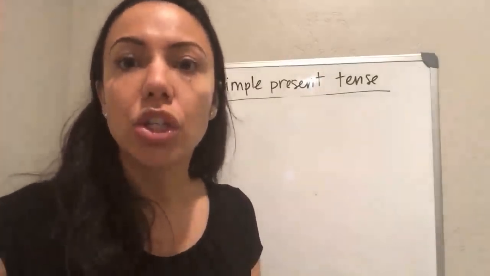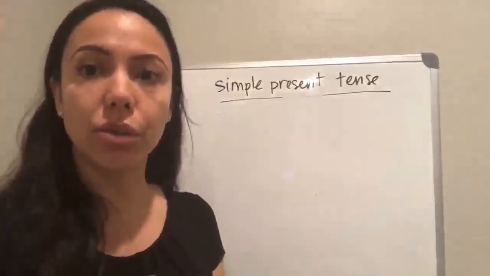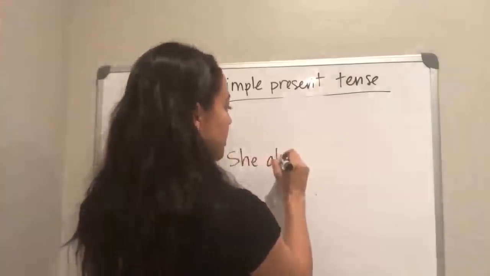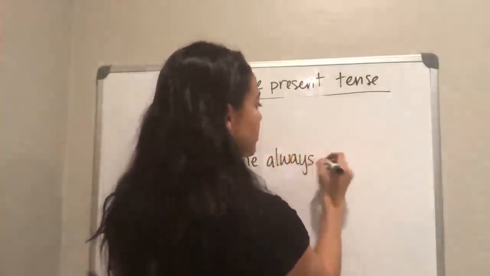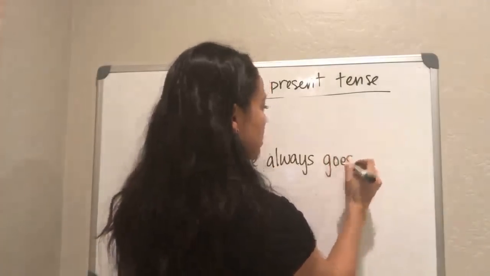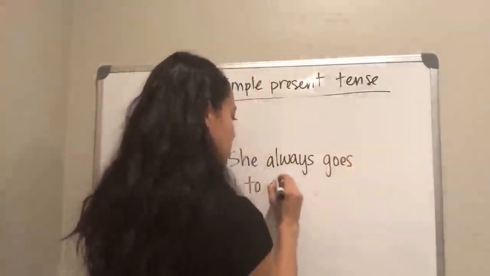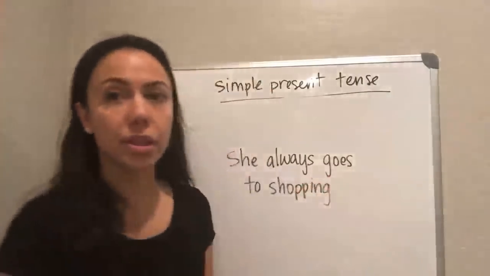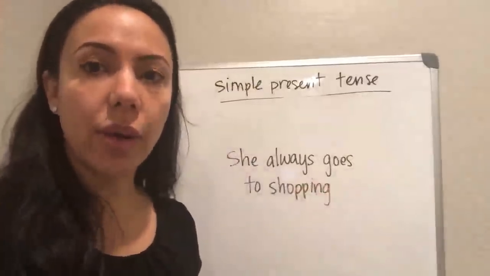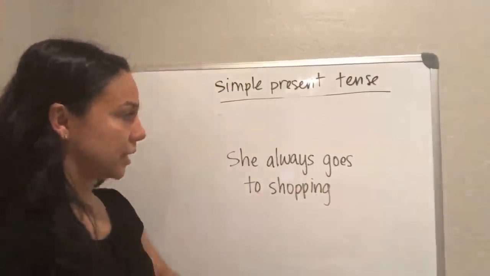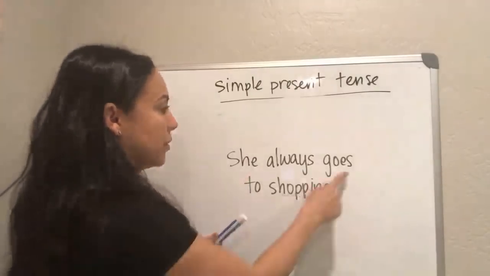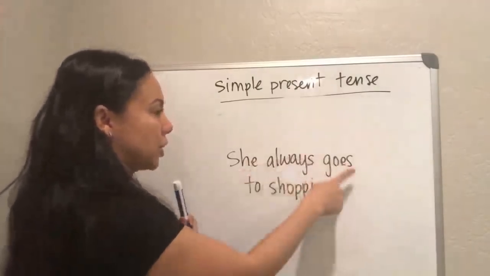So, she always goes to shopping. She always goes to shopping. Great job. So let's go ahead and take a look at this sentence. So this is good subject. She always goes.